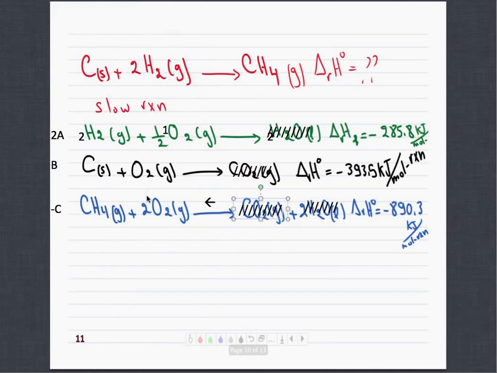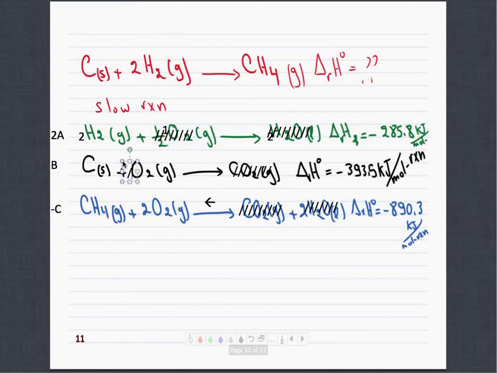The first thing, this CO2 in here is going to cancel with this CO2 in here. The 2 water liquid in here is going to cancel with the 2 water in here. I have 1 oxygen, 2 oxygen, and I have 2 oxygens on the other side. They're going to cancel together. So when I add all these 3 reactions together, I'm going to end up with this reaction.